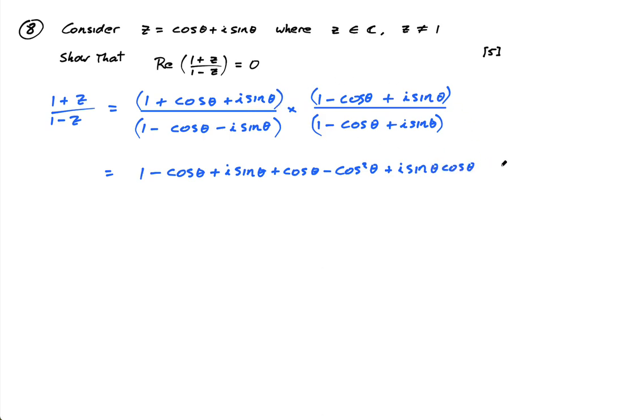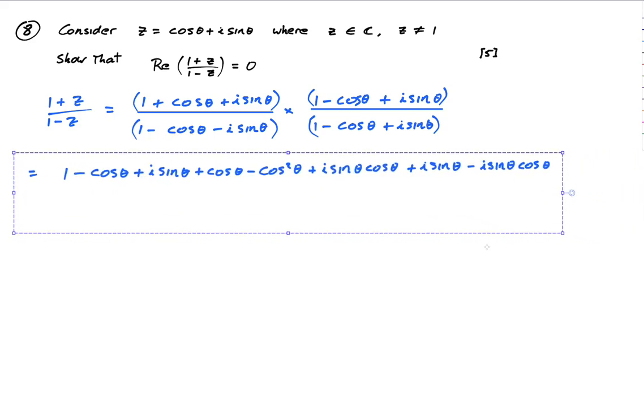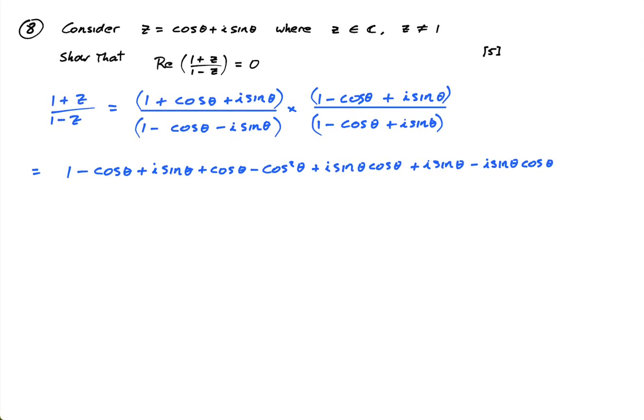And then finally, I have i sine theta times all of this, so plus i sine theta minus i sine theta cos theta, and I'm just going to move this, guys, over here. And the final term: i times i is minus 1, so it's going to be minus i squared, which is minus 1, times sine squared theta.